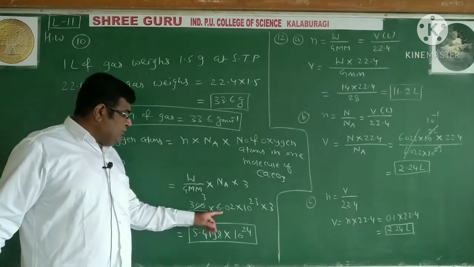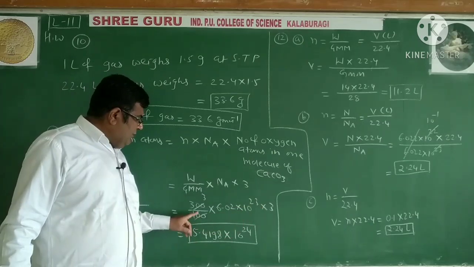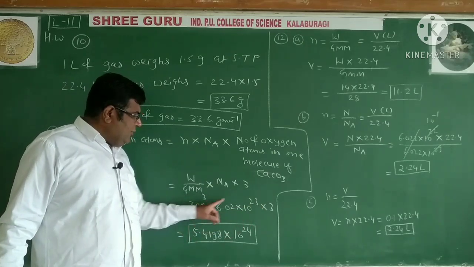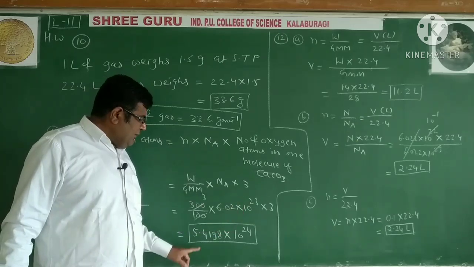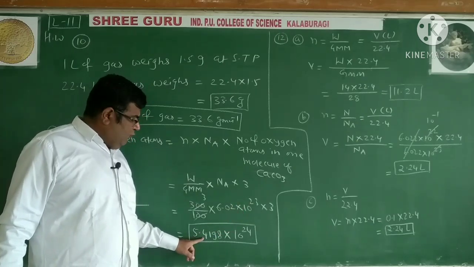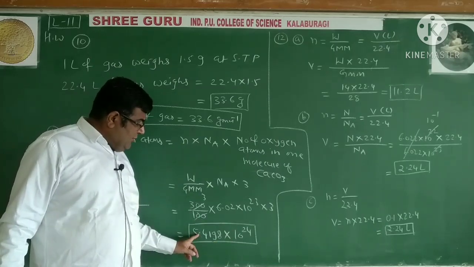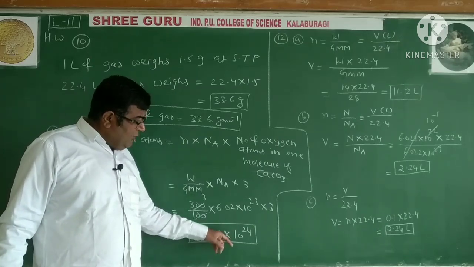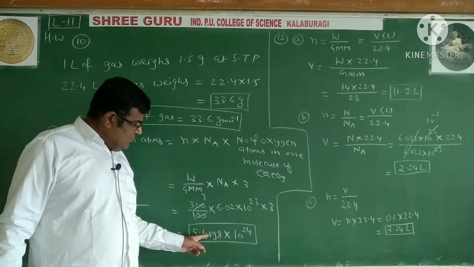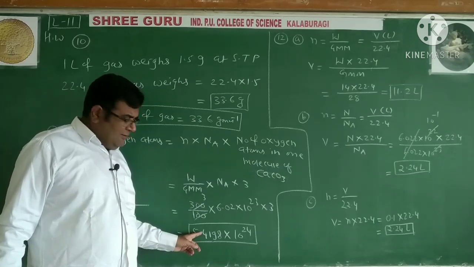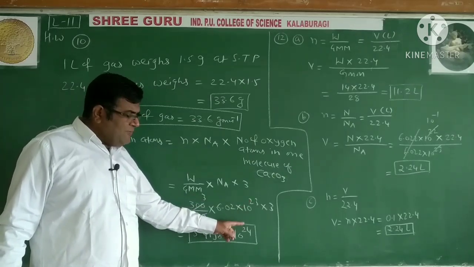Multiplied by 6.02 into 10 raised to 23, Avogadro number, multiplied by 3. 300 by 100 is 3, 3 into 3 is 9, 9 into 6.02 into 10 raised to 23, we get the answer 5.4198 into 10 raised to 24, because what we get is 54.198 into 10 raised to 23. So we shifted the decimal point by one place and added 1 to the power of 10, so 23 becomes 24.